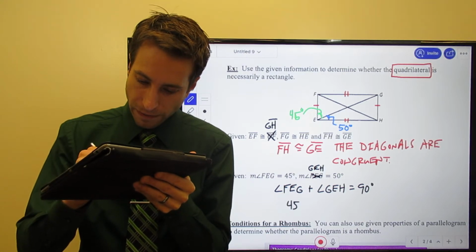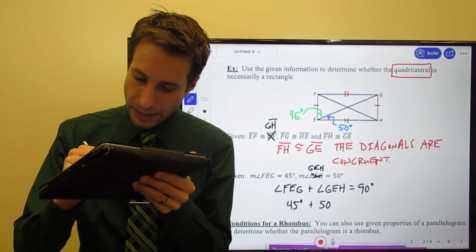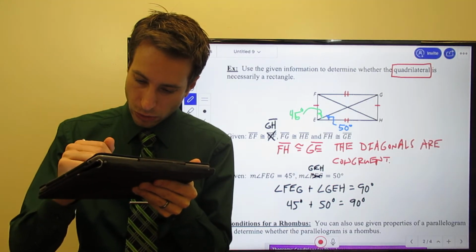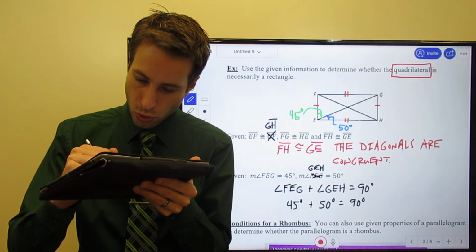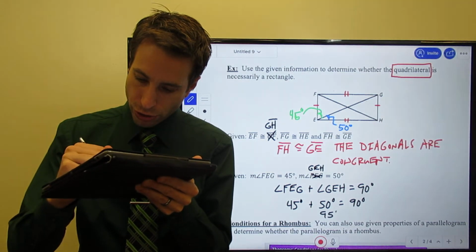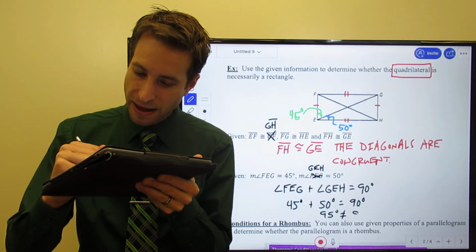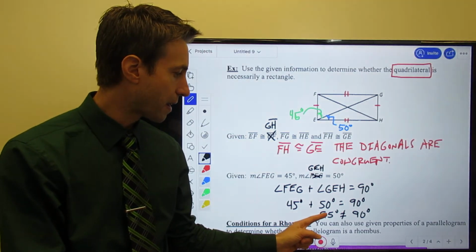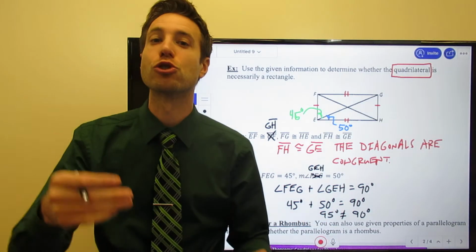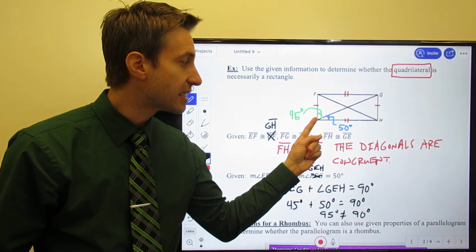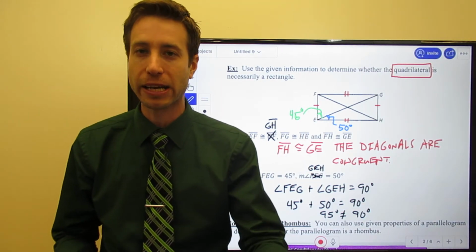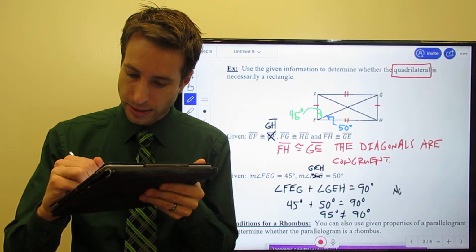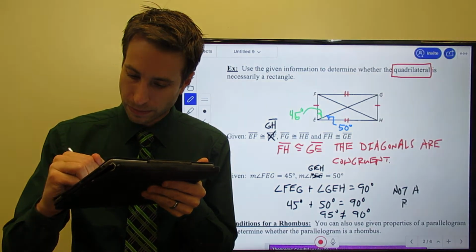I have 45 plus 50, which gets me 95. Ouch. 95 does not equal 90 degrees, and so no, because this angle is not a right angle, it can't be a rectangle. So this one is not a rectangle.